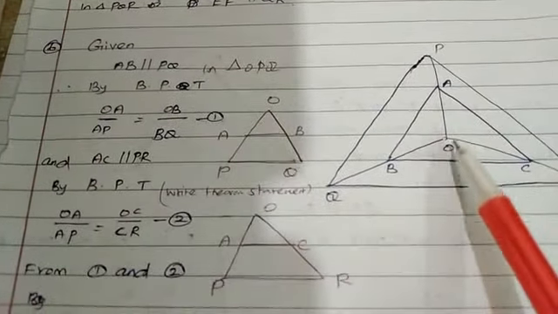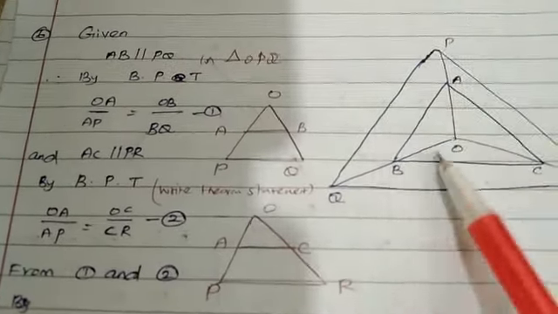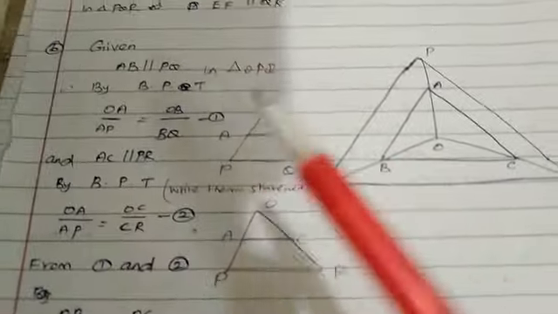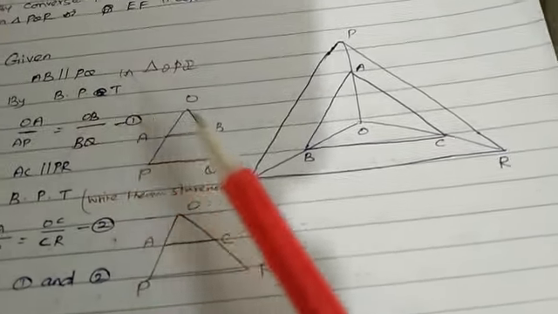So in this triangle we can write the ratio OA divided by AP equal to OB divided by BQ. Next thing also given, AC parallel to PR.